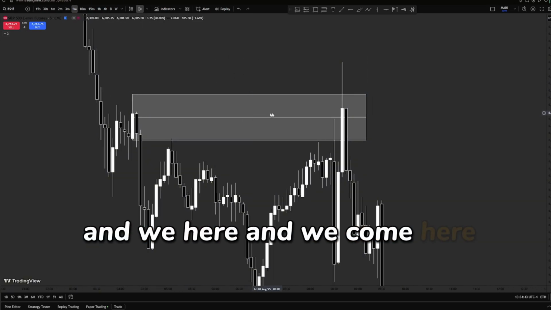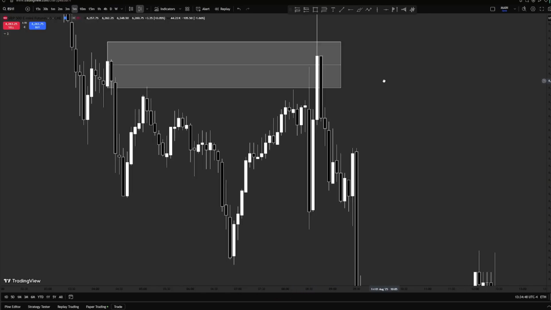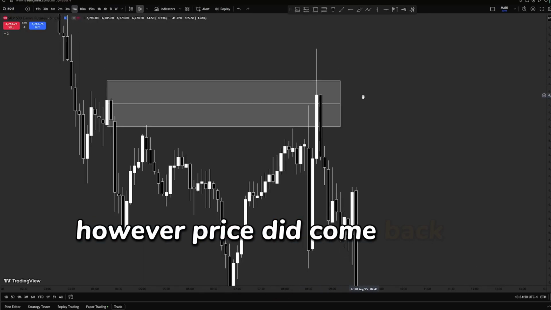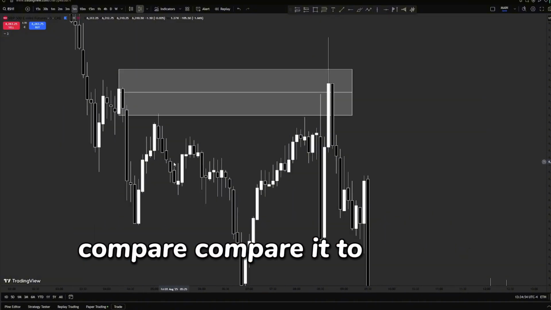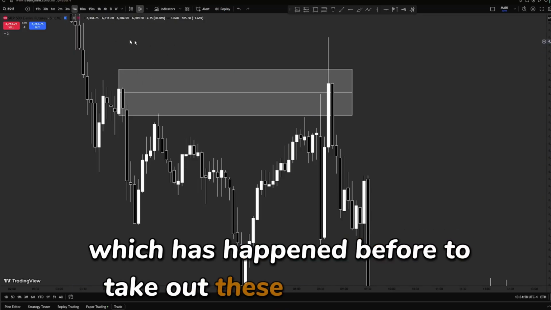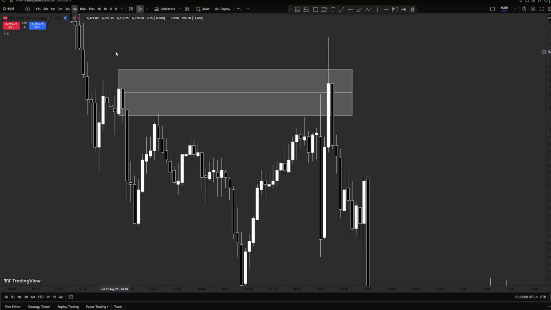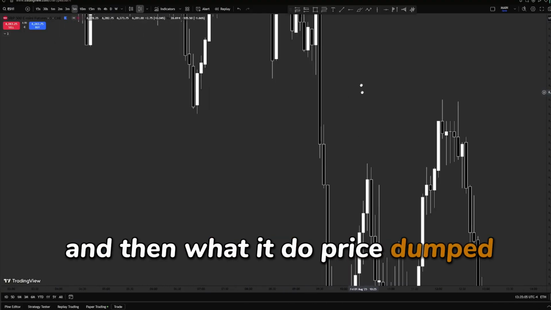And we come here and price respected this order block. It came back down. However, price did come back up and you see this big long wick here, compare it to all of the other wicks which have happened before, to take out these stops up here. And then what did it do? Price dumped even lower.